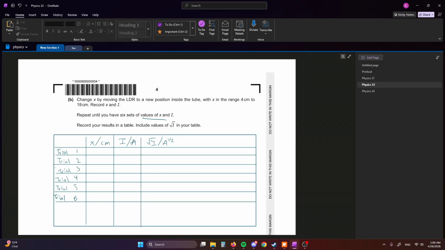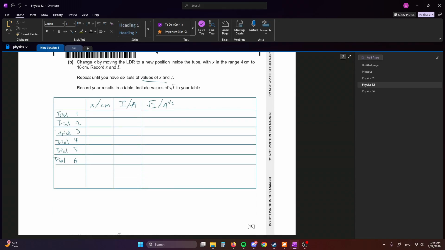Let me look for more. Okay, so this guy lied to me. Whatever. Anyway, you should always try and do at least one more trial just to make sure that your thing is correct. So for this one, you might have 5.0, 7.0, 9.0, 11.0, 13.0, 15.0.